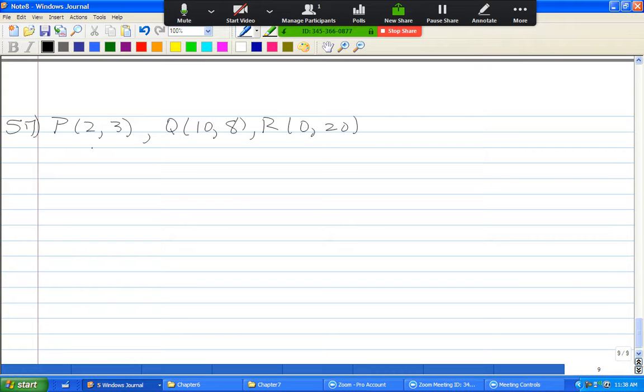Let's find the area. So first let me calculate the determinant.